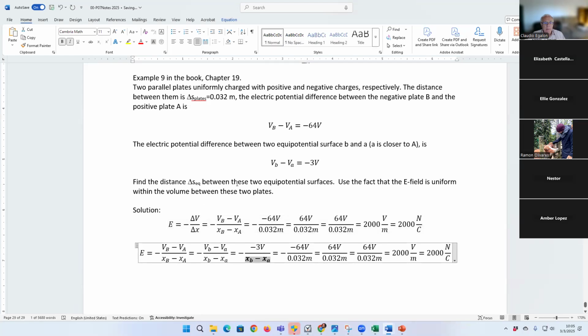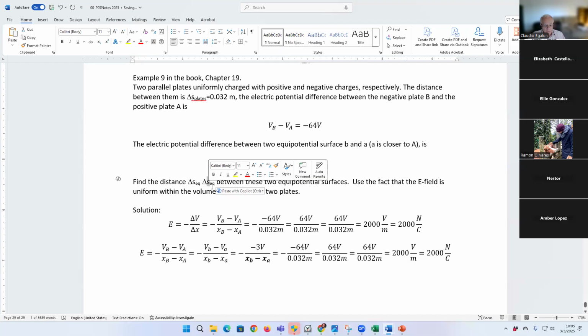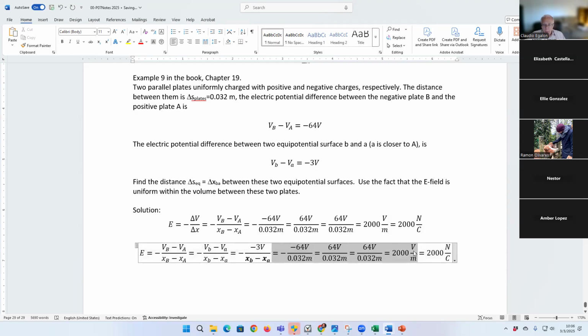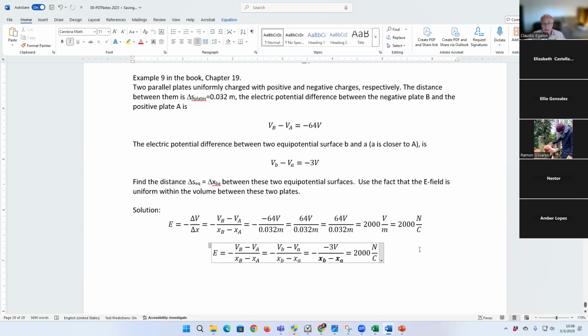Find the distance between the equipotentials. It's called delta S, but we can also call it delta X. I'm going to put that between A and B. Now let's put between B and A, just to show that B comes before A. You already know that this electric field is 2000 newtons per coulomb or 2000 volt per meter.